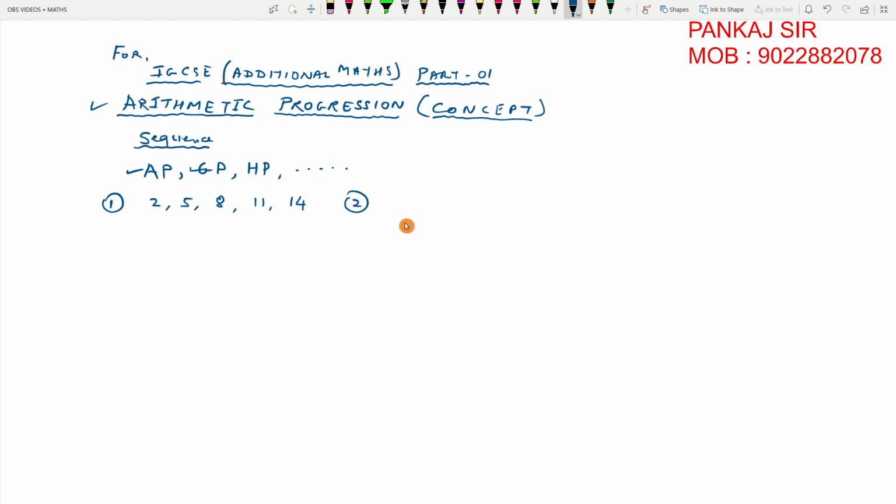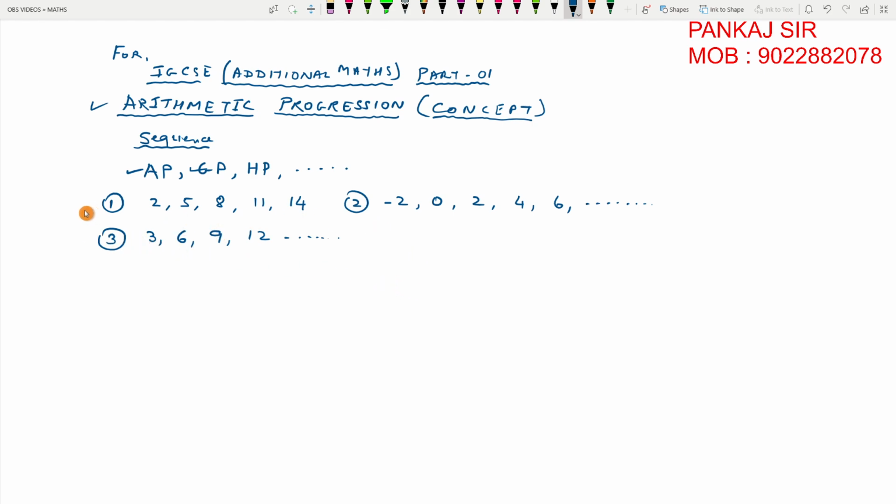Second, let me give you a sequence like -2, 0, 2, 4, 6, and it goes on. So here I'm giving you two sequences, and let me give you one more. Third one is, suppose you have 3, 6, 9, 12. It goes on, right? Now let us try to analyze these three sequences.